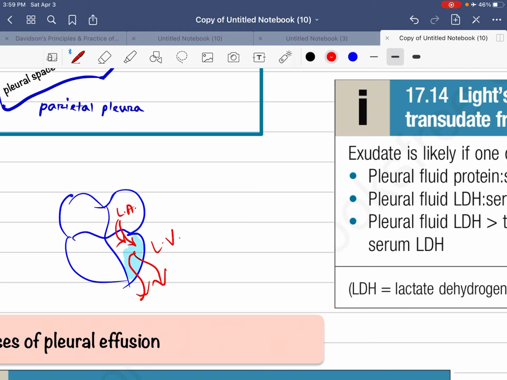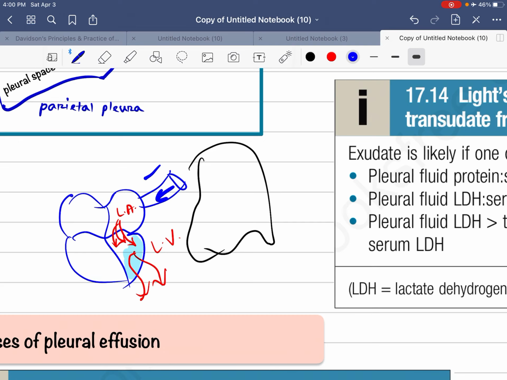Okay, so if the blood of the left atrium cannot move forward, what do you know? The left atrium drains blood from the lungs. So as the left atrium cannot be drained, the blood from the pulmonary vein cannot move forward.